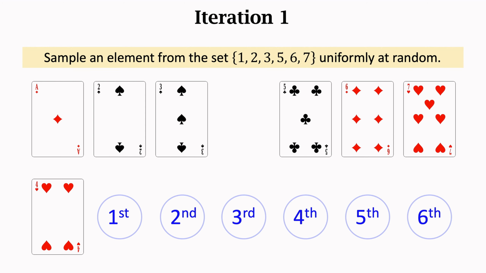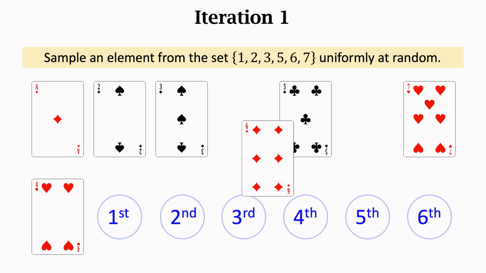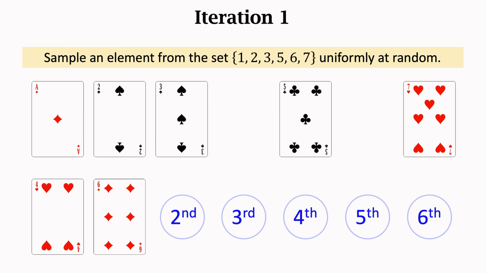Now 6 cards are remaining. Perform a random sampling. Each card is chosen with probability 1/6. We happen to get card 6. Take the card out of the set and put it in the leftmost empty position. That is the first position.